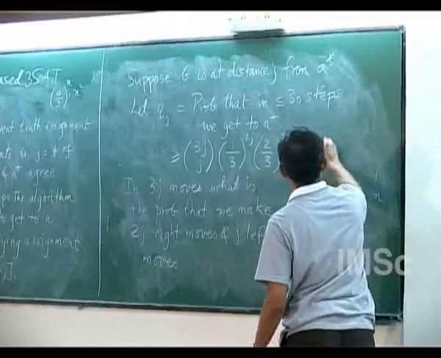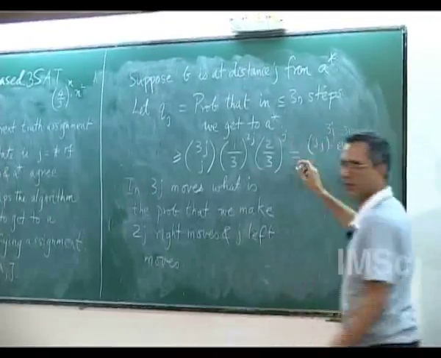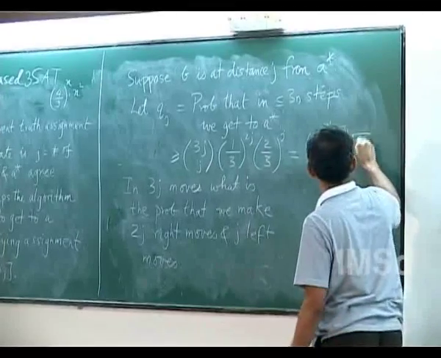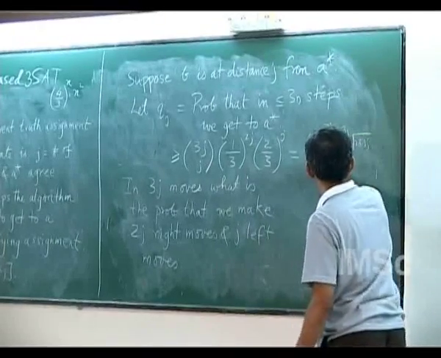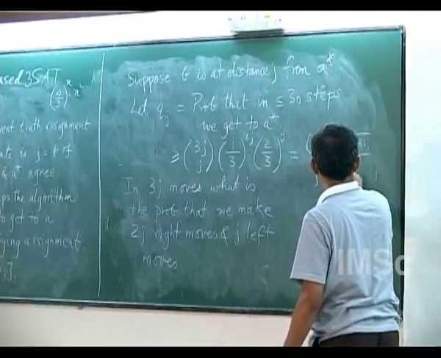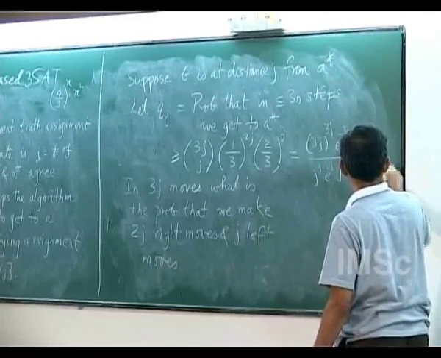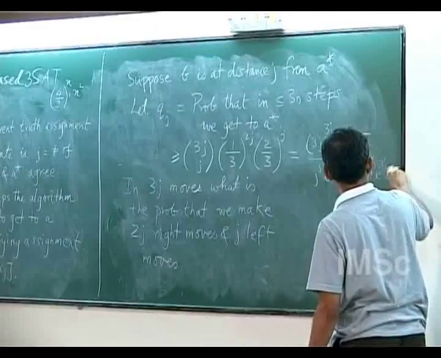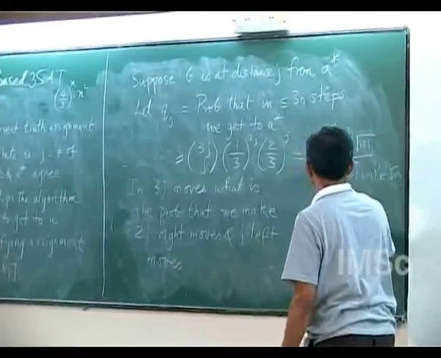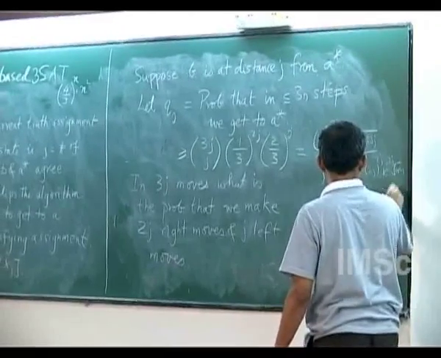So this is (3j)^(3j) e^(-3j) root(2 pi 3j), divided by j^j e^(-j) root(2 pi j), (2j)^(2j) e^(-2j) root(2 pi 2j), times that quantity times (1/3)^(2j) (2/3)^j.